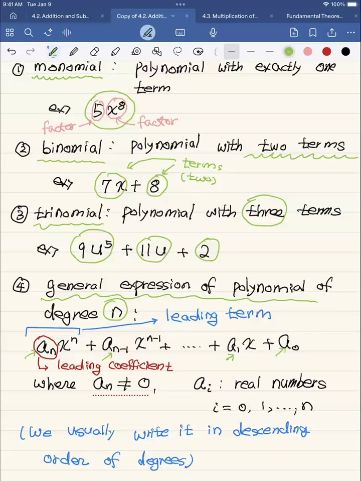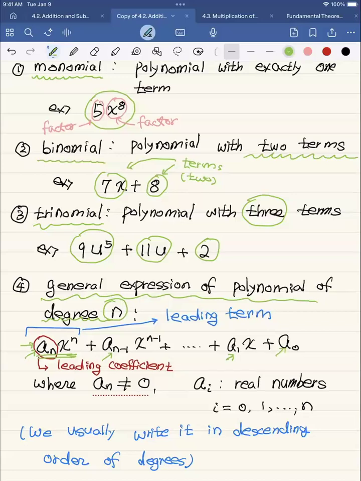We are talking about degree n. Therefore, this a sub n, which is associated to the highest power of x, cannot vanish. If a sub n is 0, then the highest degree term will vanish, so the degree will not be n.